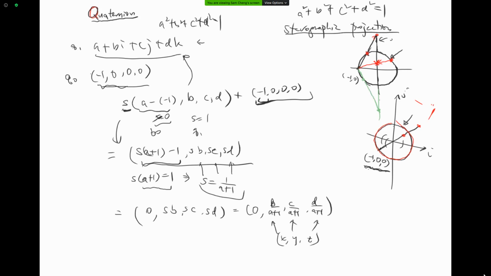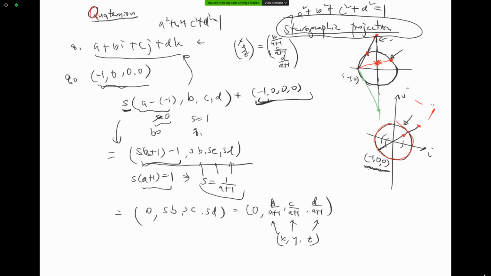So that means if I have a unit quaternion a, b, c, d, after stereographic projection it's projected to a point in three-dimensional space. What I mean is that x, y, z is equal to b over a plus 1, c over a plus 1, and d over a plus 1.